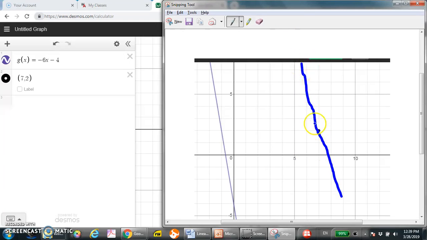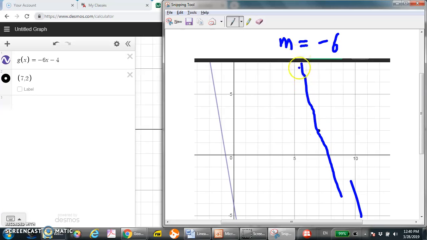Because we know that these two lines are parallel, they must have the same slope, right? So for this line, the slope is negative 6. How do I know its slope is negative 6? Because from the equation of the given line, we can see that its slope is negative 6.